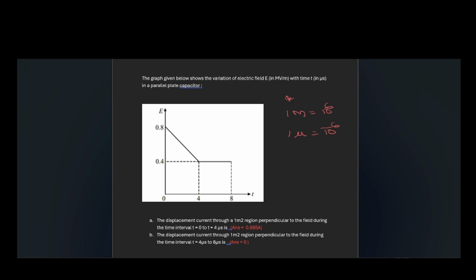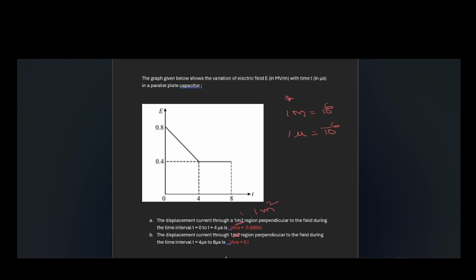So see that, and you have to calculate A and B between 0 to 4 microseconds. And here the displacement current through a 1 meter square region. See, this one is a 1 meter square area. Okay.